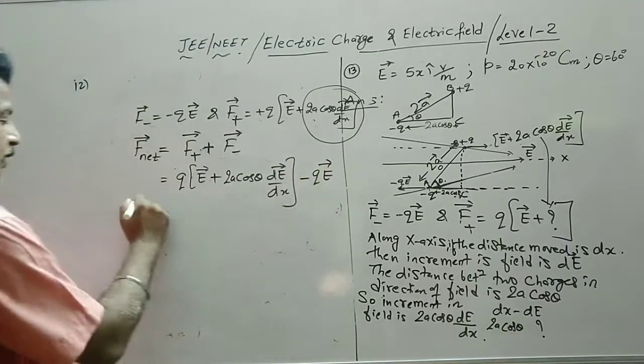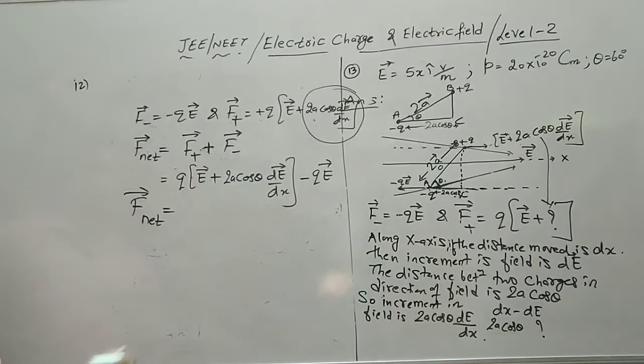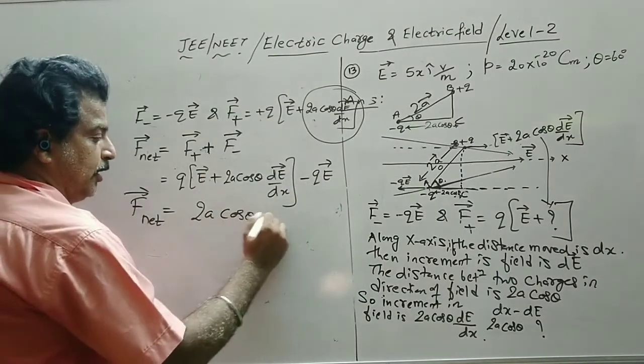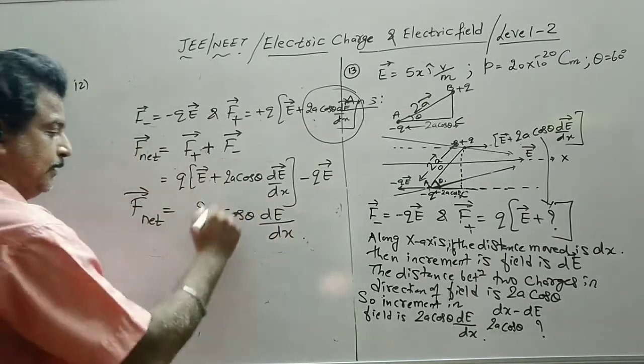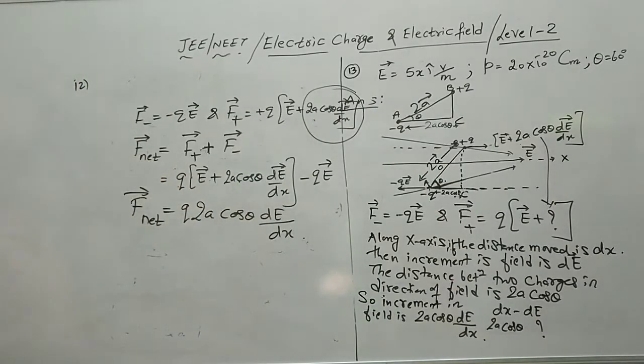So if I open this bracket, the resultant force acting is equal to, QE gets cancelled, so 2a cos theta dE by dx, and this one Q is left here. This is the resultant force formula.